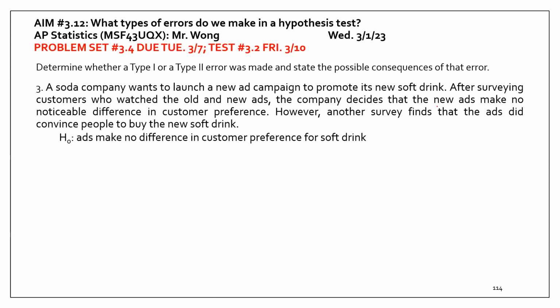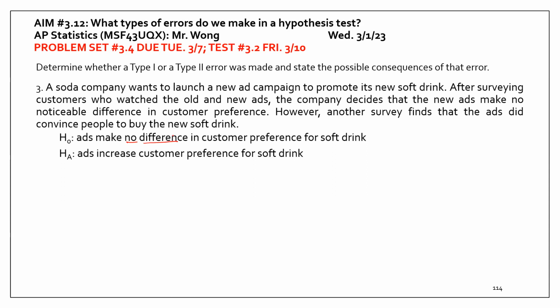So the null hypothesis, again, no difference, no change, no effect, nothing to see here. Just move along. That's what the null hypothesis is. So what is the alternative? That the ads increased customer preference for the soft drink. Now, again, the context is quite clear that the alternative has a particular direction. In this case, that the ads increased customer preference.